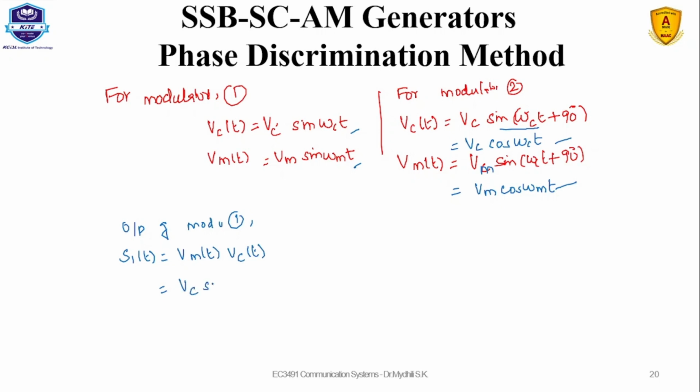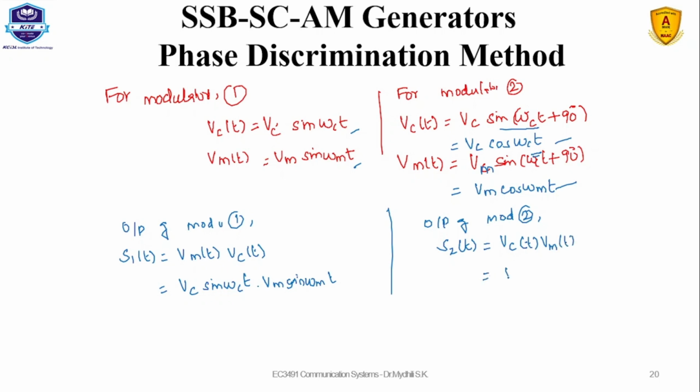It will be Vc sin omega ct into Vm sin omega mt. The output of modulator 2 will be S2 of t, which is Vc of t into Vm of t.